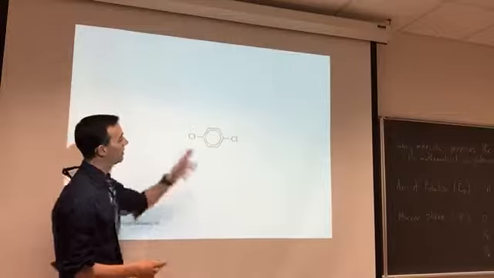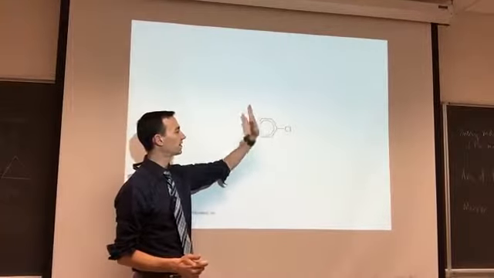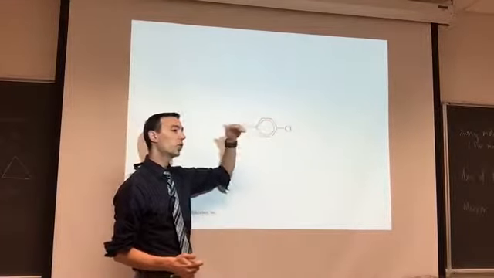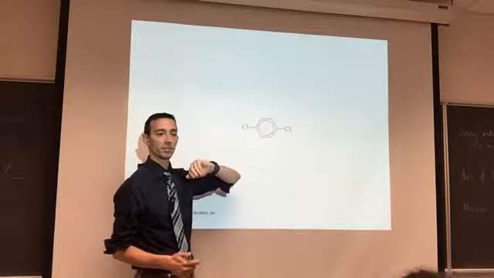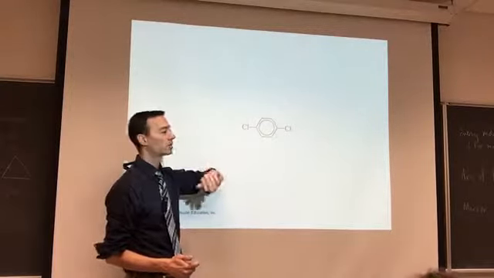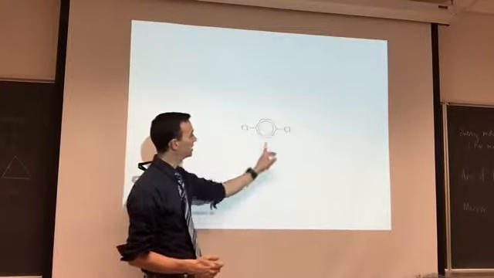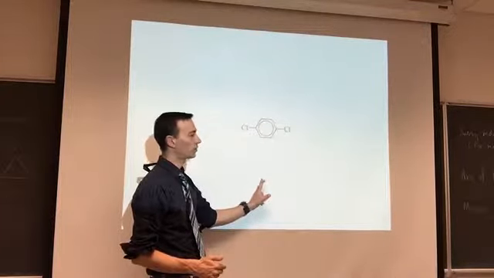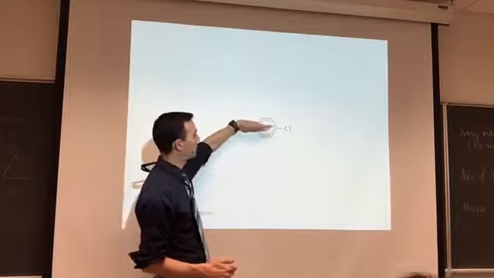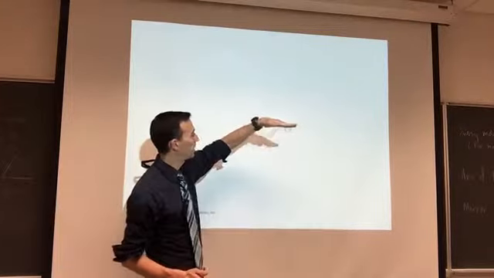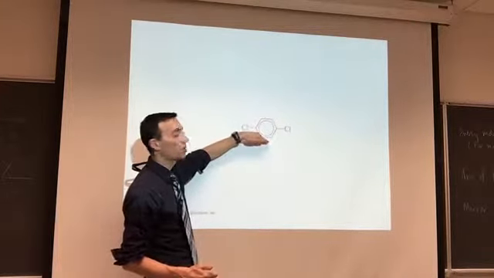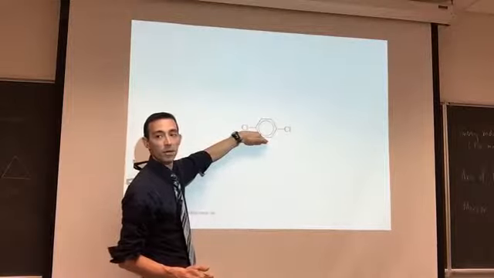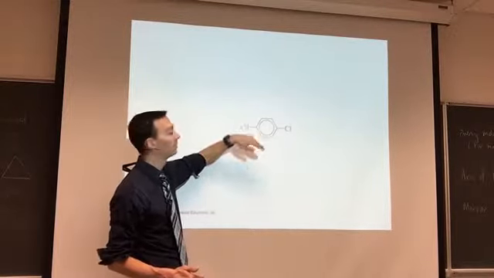So not only does this have the axis of rotation and the vertical mirror planes, but there's also horizontal mirror planes. Okay? A horizontal mirror plane, let's stick with the easy axis of rotation coming down through the molecule this way. A horizontal mirror plane would be coming out like this. The top part of the molecule would reflect onto the bottom part of the molecule. Okay?